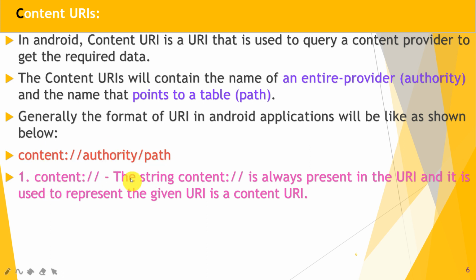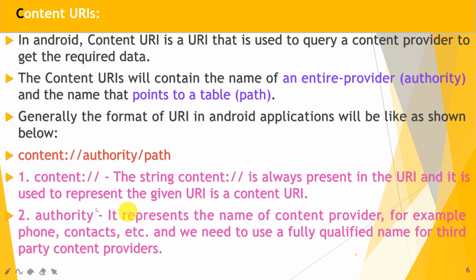The string content is always present in the URI and it is used to represent that the given URI is a content URI. Second one is the authority. It represents the name of the content provider, for example, phone, contacts, etc. And we need to use this fully qualified name for third party content providers.